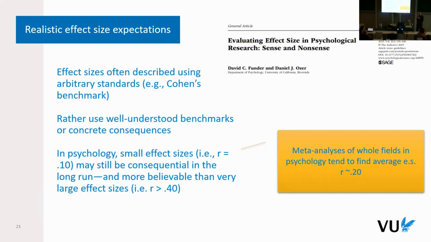It doesn't say much, and actually what they say is don't accept our benchmark of 0.20 as the most probable effect size that you would get if you don't know anything else. And we also did this for the attachment field, and we came out miraculously with the same kind of distribution of effect sizes.